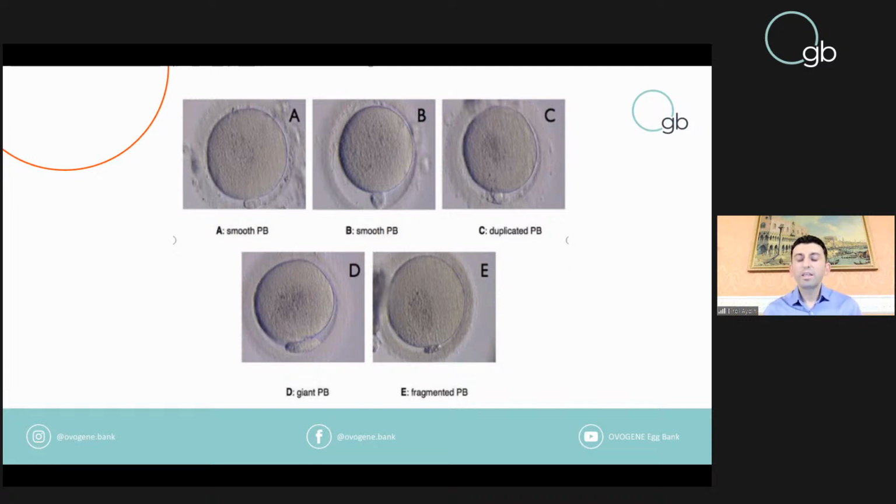And second, if you have a really large polar body, that correlates with a low blastocyst rate. And if you have a smooth polar body, it doesn't matter if you have a large perivitelline space or thick zona, a smooth polar body always gives the oocyte an advantage to get a better fertilization rate and cleavage rate.